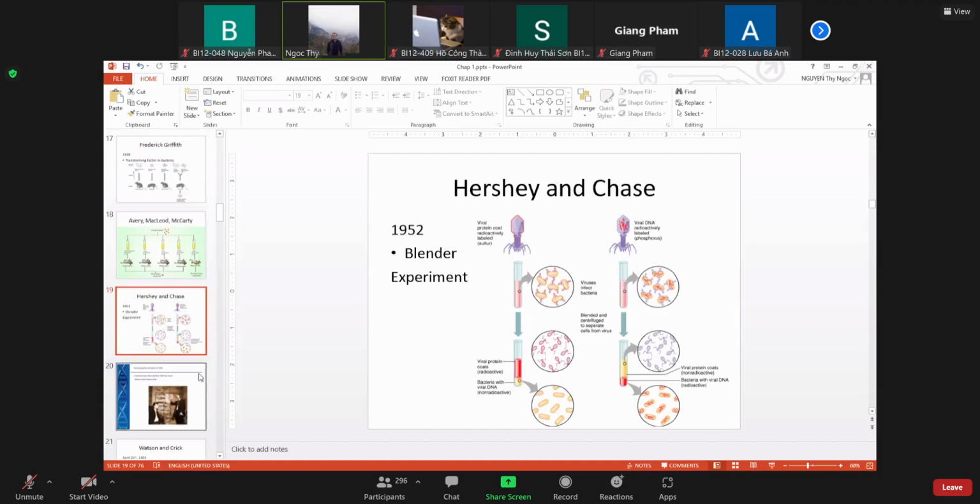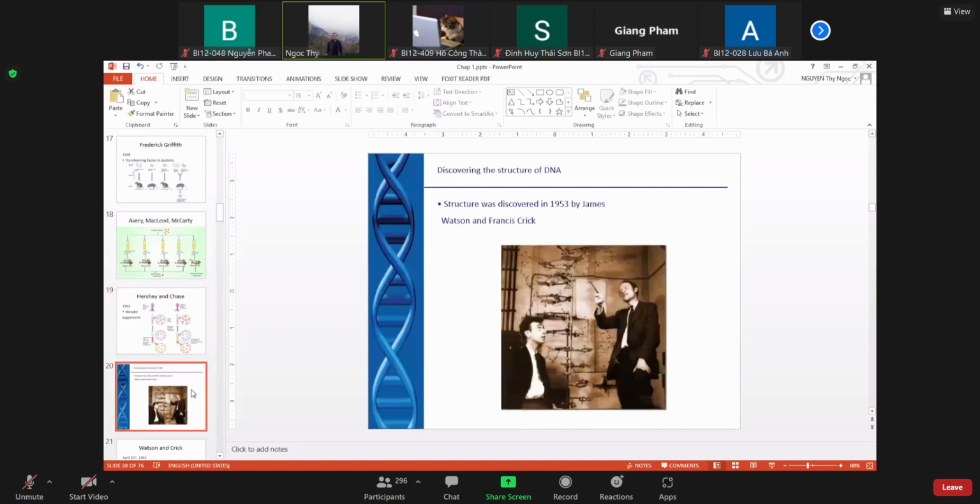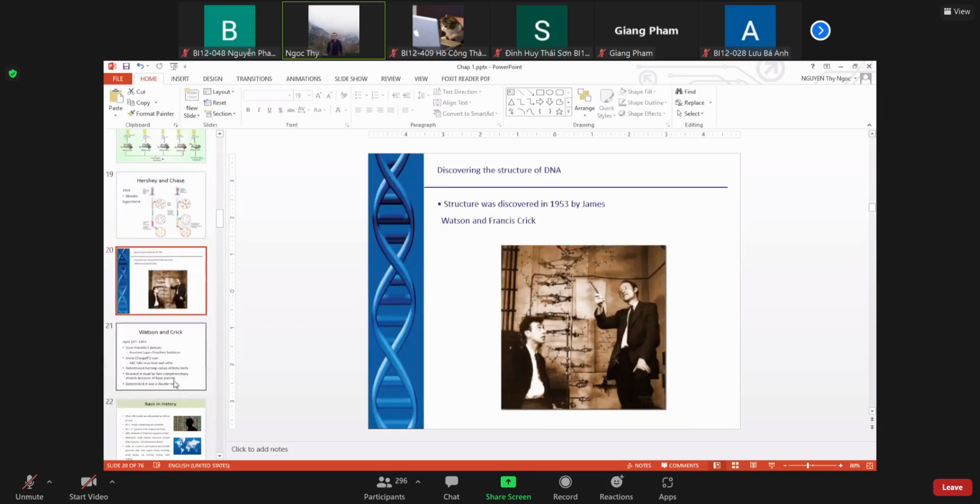So from the three experiments of Griffith, of McCarty, and of Hershey and Chase, in 1953, James Watson and Francis Crick first demonstrated the 3D structure of the DNA molecule. Now we all know about this famous discovery of Watson and Crick.